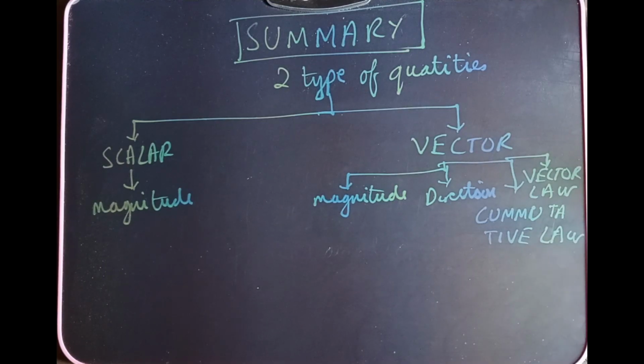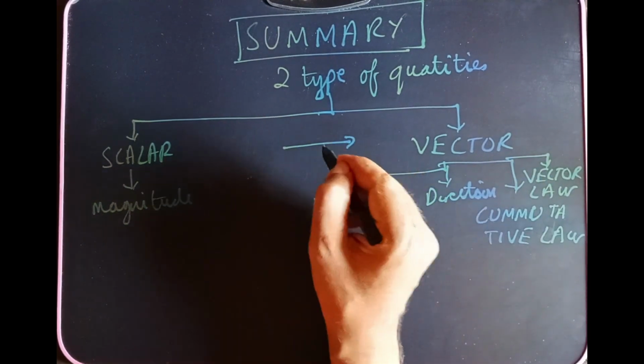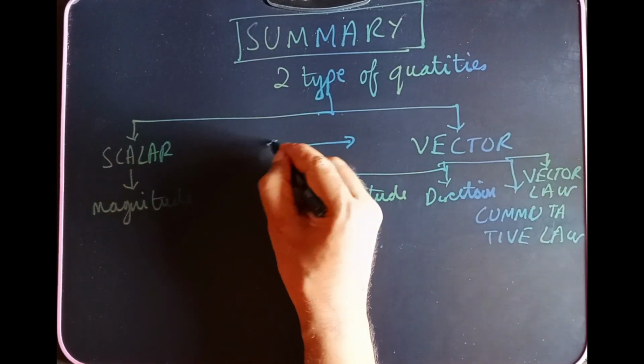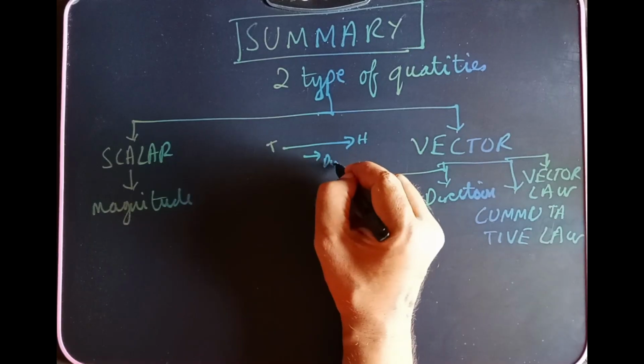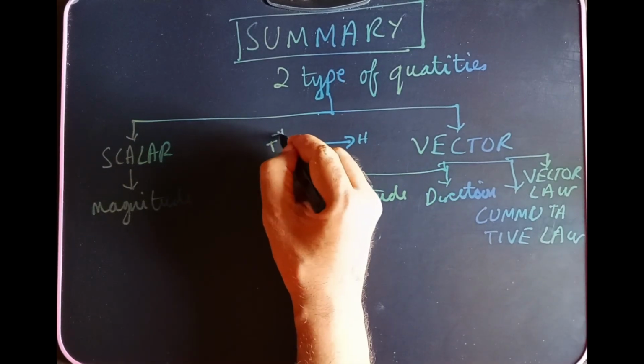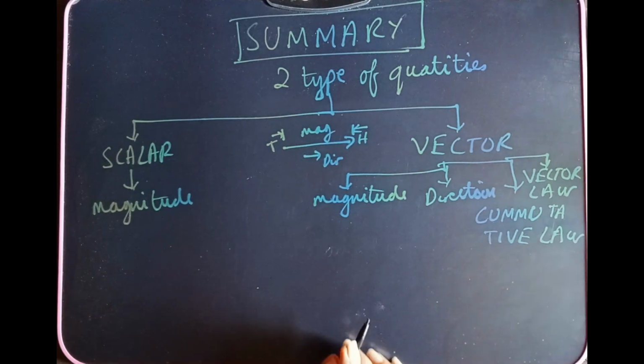And then we have seen some important points of vectors. What are some of the important points? We'll graphically represent here. This is a vector which has a tail and a head, and this gives the direction, and the length of the arrow will give the magnitude.